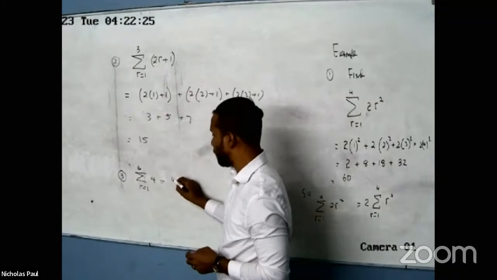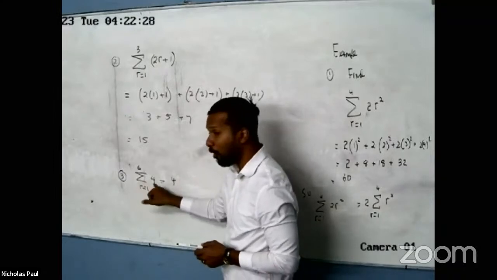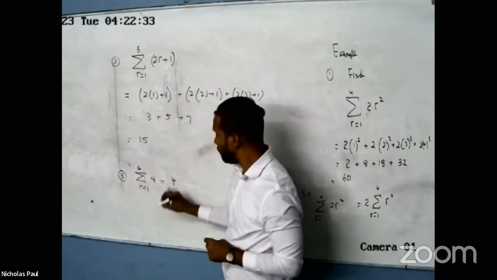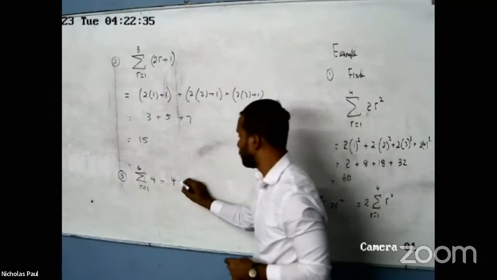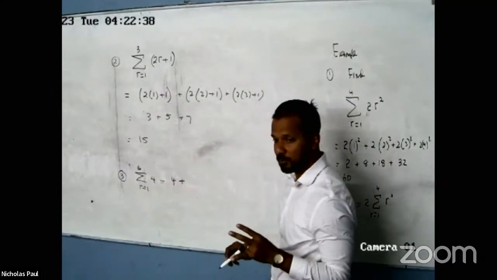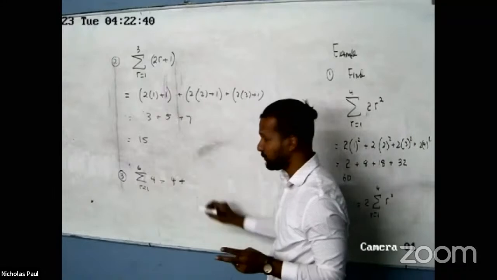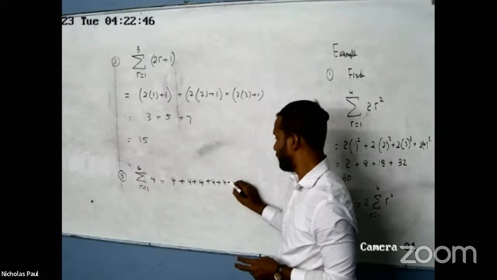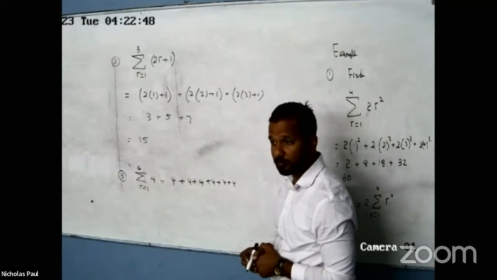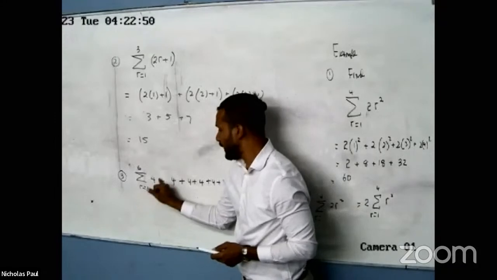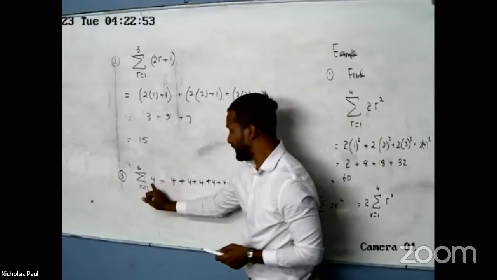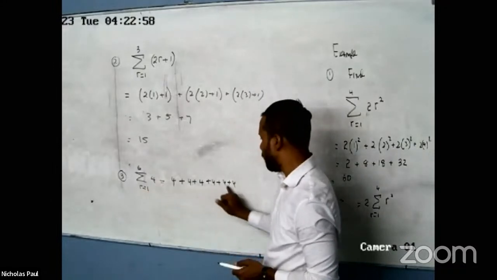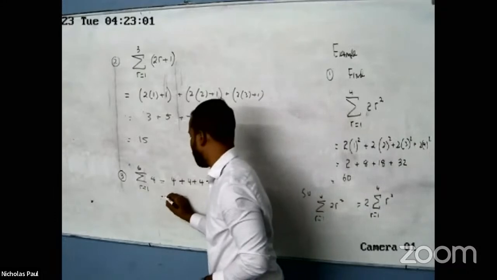So this will have to stay as 4. So when r is 1, it's still 4. What about when r is 2? Still 4. What about when r is 3? There is no r here to change the value. So this is considered a constant. So it will be 4, 4, 4, 4, 4, 4, which is 24.